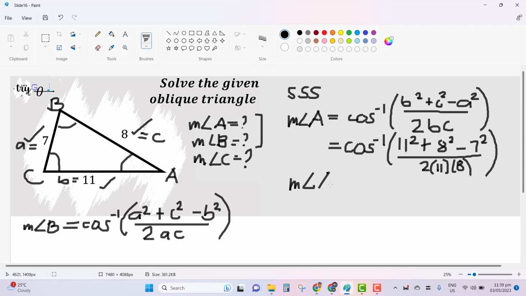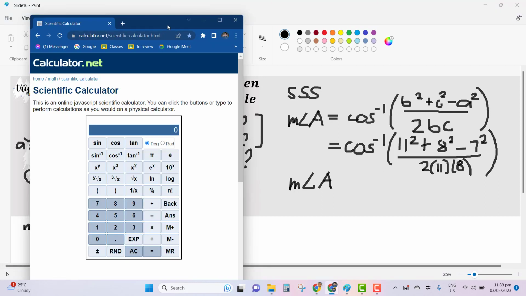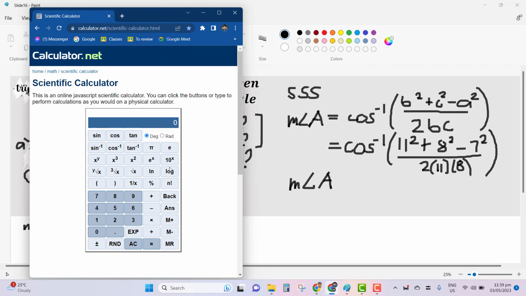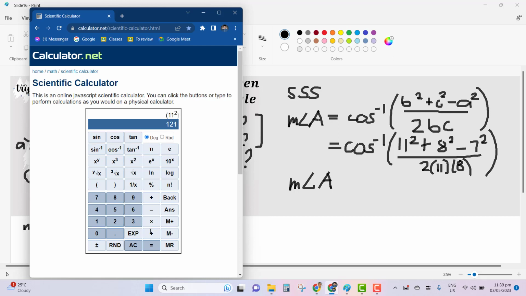My suggestion, when you input this in your calculator, is to start with all of these entries here. This is the online calculator that I could share with you, and I would like you again to use parentheses to differentiate the expressions in the numerator and the denominator. So you have open parentheses 11 squared plus 8 squared less 7 squared.